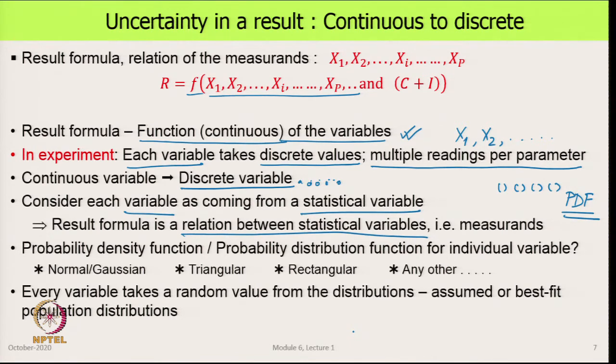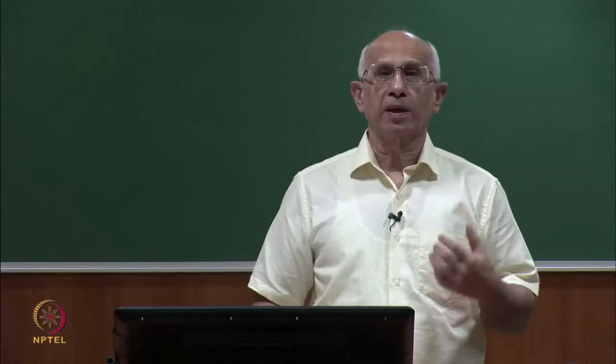And the most common probability distribution functions are listed here. The first is the normal or the Gaussian distribution. We could have a triangular distribution, rectangular distribution, or many other variants of any distribution function. What it tells us, or what we are saying in some sense, is what is that population from which these errors are creeping into our experiment.